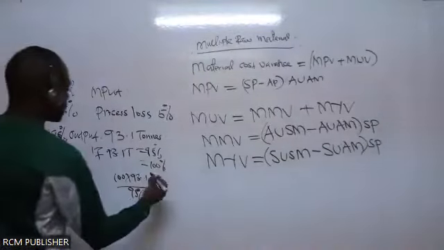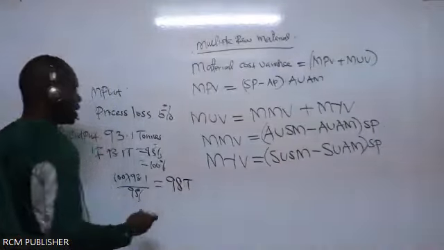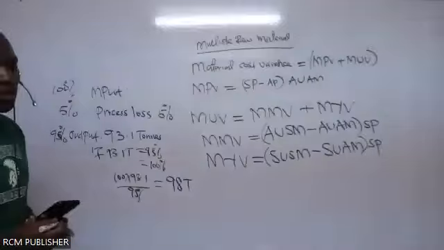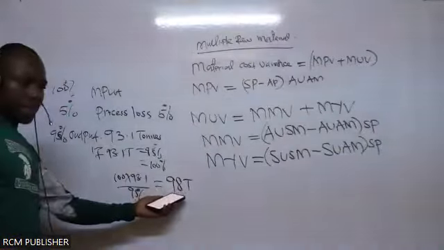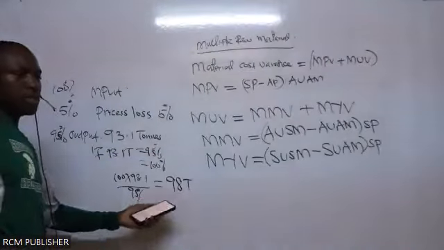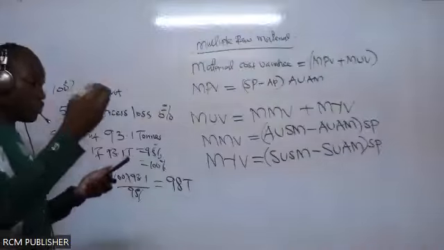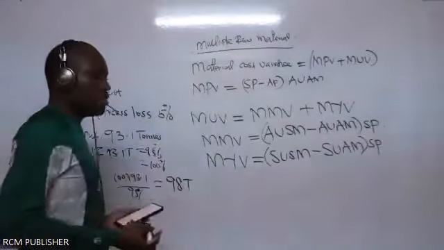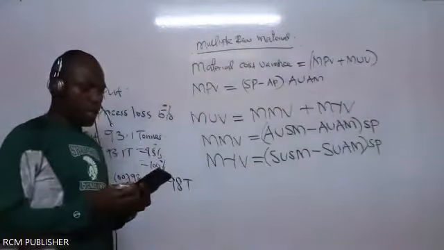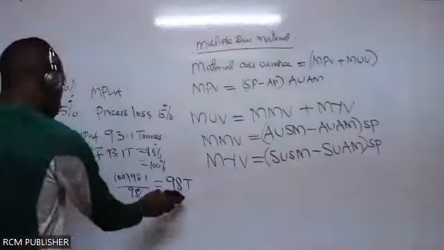So 98 tons were brought in. So the standard input is 98, and they are going to share that 98 based on the proportions that are given there. The 50, the 40, and the 10 will be shared based on the proportion that we have there.